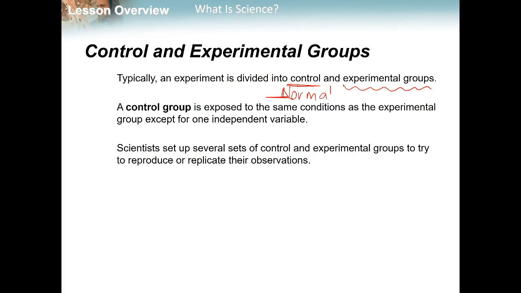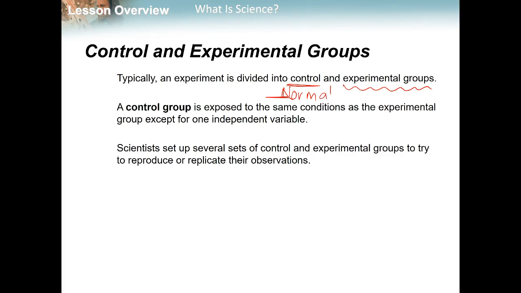So let's say that I have 3 different plants and I want to see how light affects the growth of the plant. So I'm going to put one plant in a dark closet, another plant in the bright light, and another plant in the regular room light. The one in regular normal room light is going to be my control.